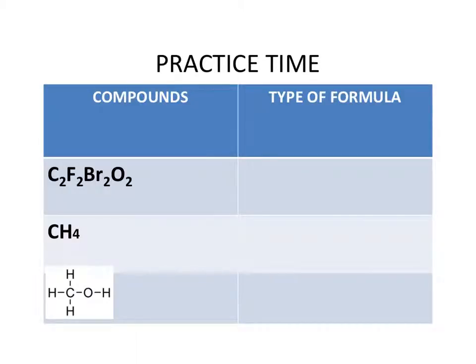Let's take a look at these 3 compounds. In the first compound, you see that there is a 2-to-2-to-2-to-2 relationship, and all of these numbers have a common factor of 2. So that means that they can be further reduced. So this tells us that this is a molecular formula.